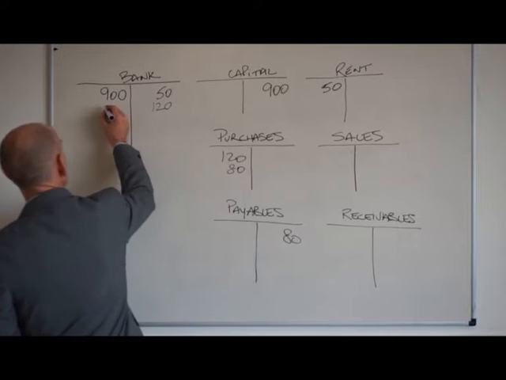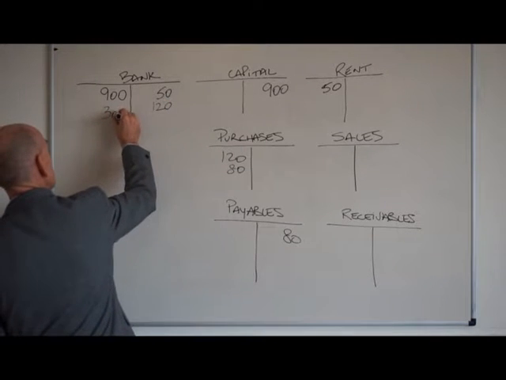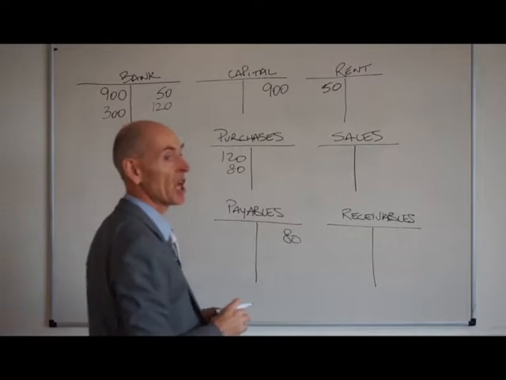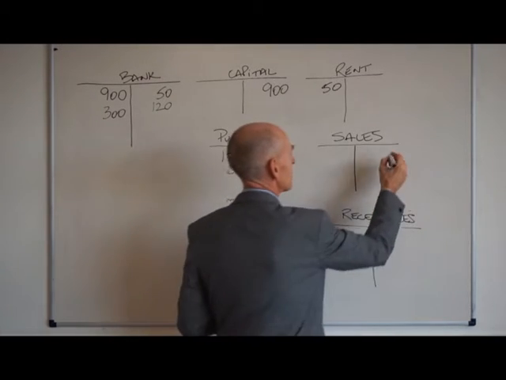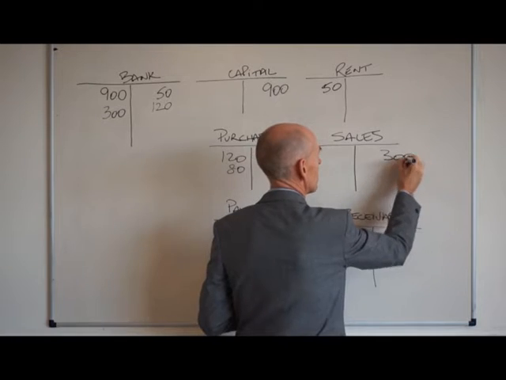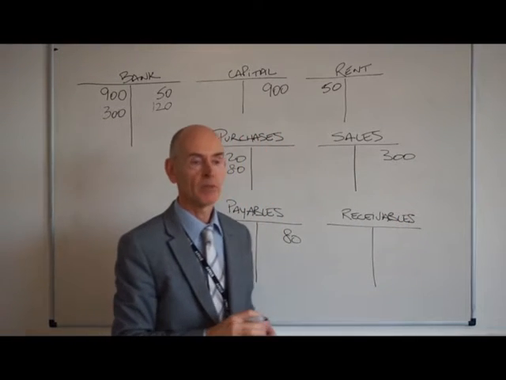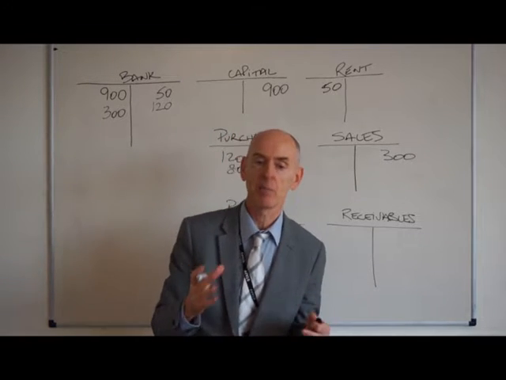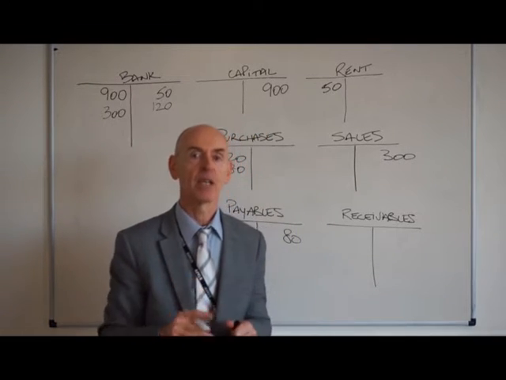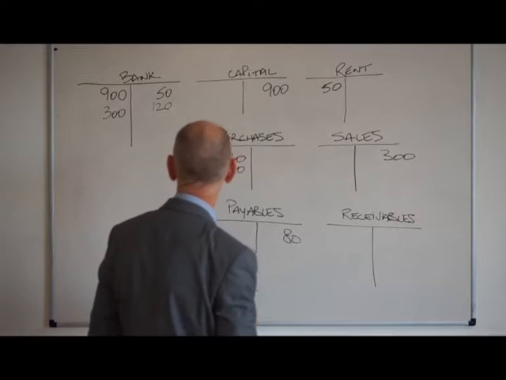So asset, positive asset, must be a debit, and it's a sale. Sales, income, credit. Must be £300 there. Income in the form of sales is always a credit. Okay, so you need to keep that memory aid, that T account, in your mind at all times.